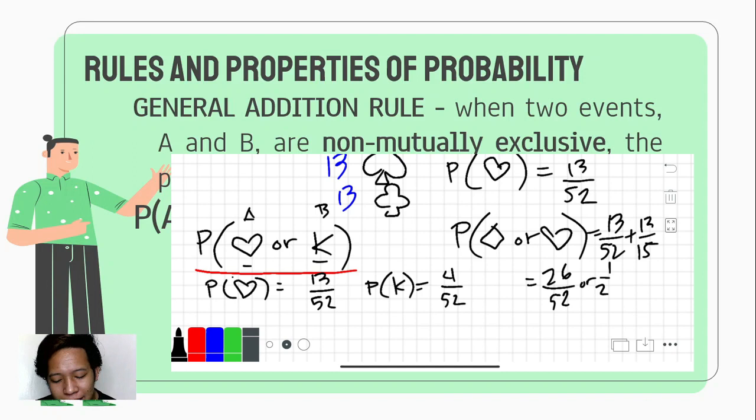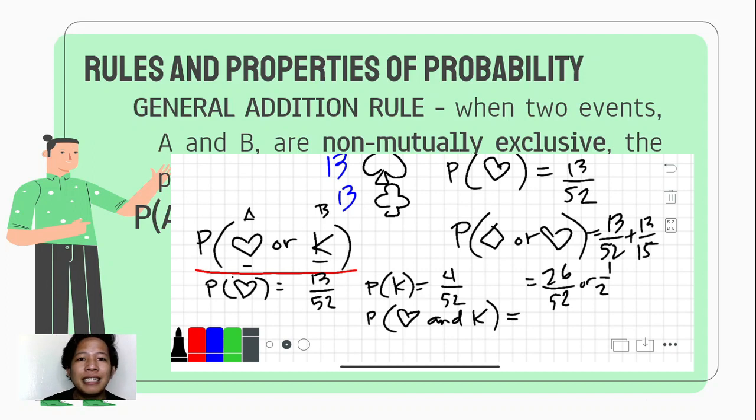Okay? Now, what is now the probability of heart siya and at the same time, king siya? Okay? Heart na siya, tapos king pa siya. So, that is, ilang bang king of hearts meron tayo sa 52 deck? That is just 1. Okay? Isa lang po ang meron tayo, so we have 1 over 52.